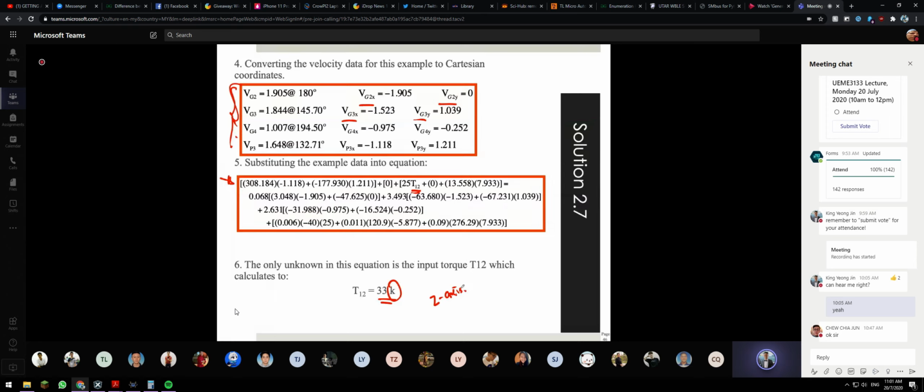So it's 33 Newton meter. By using this virtual work method, we can find T12 straight away. But the problem is we will not be able to find all the internal forces on the linkage.